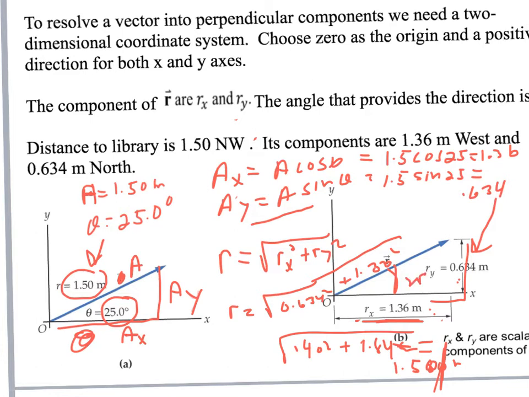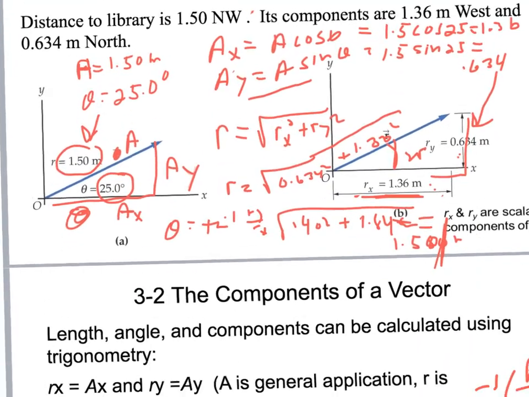And we could have done theta is equal to the inverse tangent of opposite over adjacent, or r sub y over r sub x. And you can do that. You can check that out too to see that we'll still come up with 25 degrees using those numbers.